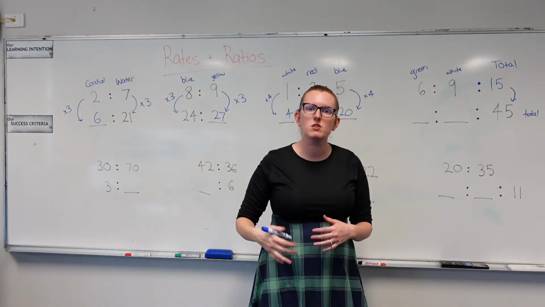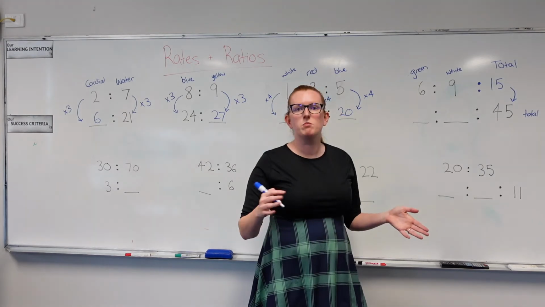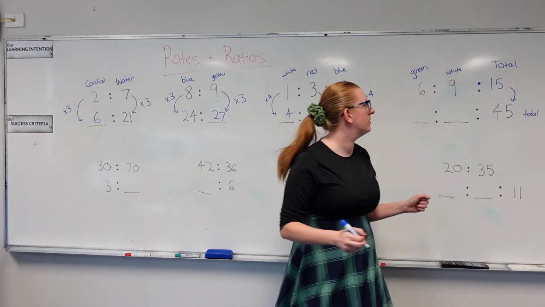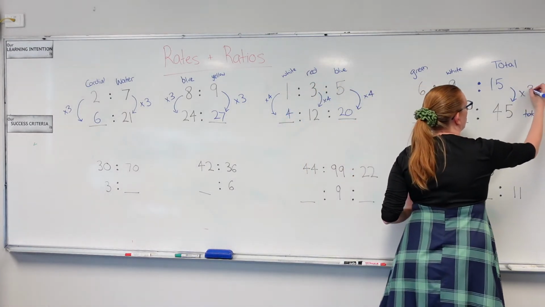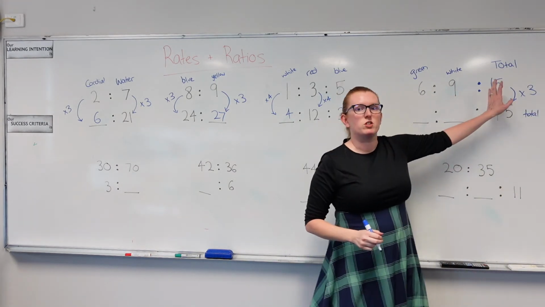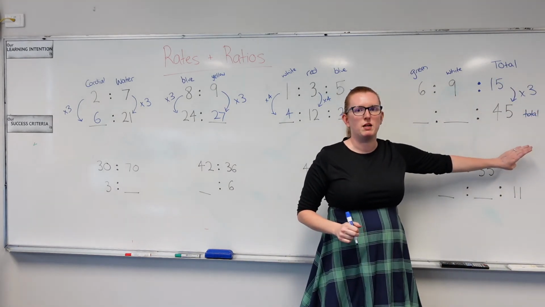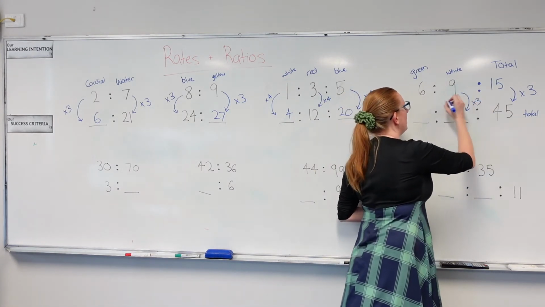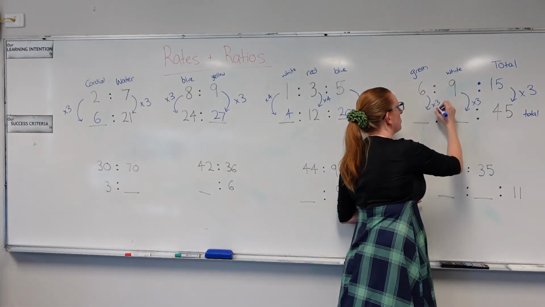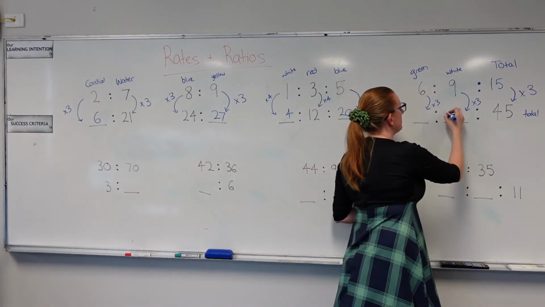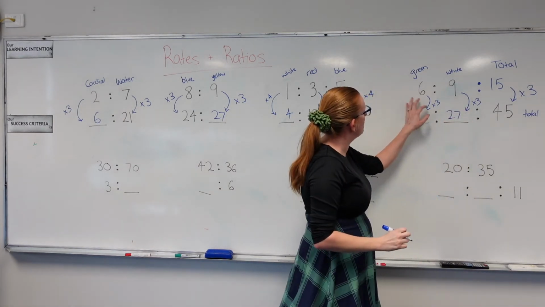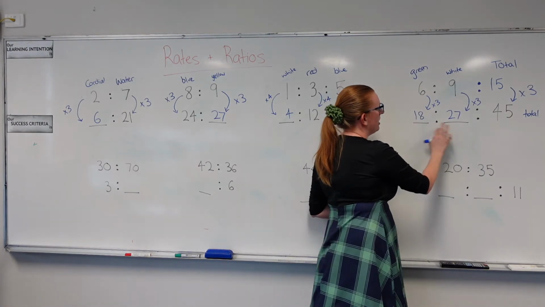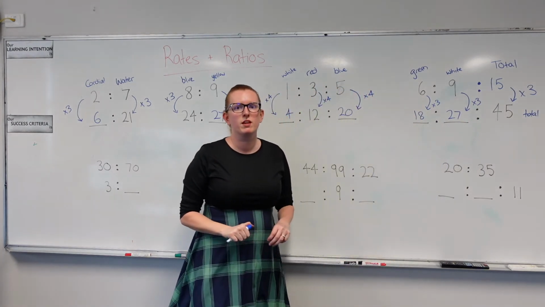I'm getting bigger, so I'm multiplying. 15 times what gives me 45? 3. So if the total column has been multiplied by 3, that means this must be multiplied by 3, and this is also multiplied by 3. So 9 3s are 27, 6 3s are 18, add them together, I get 45.